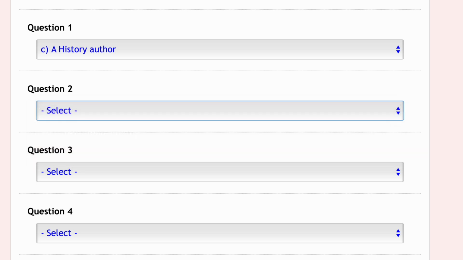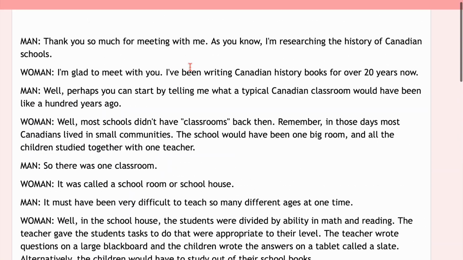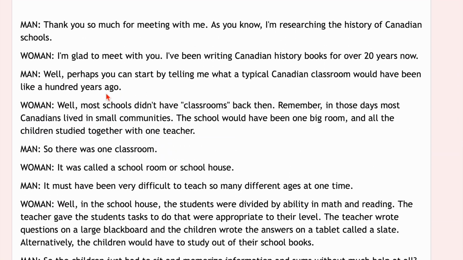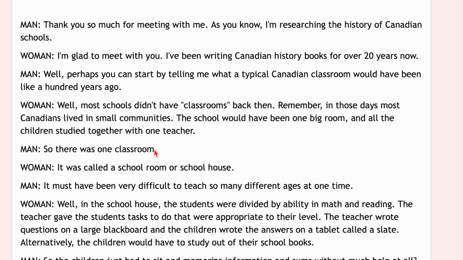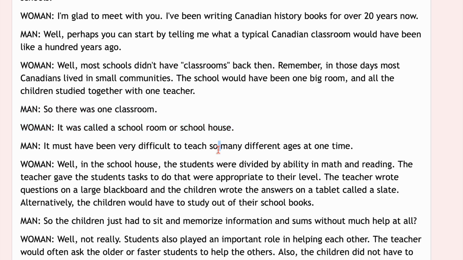Well, most schools didn't have classrooms back then. Remember, in those days, most Canadians lived in small communities. The school would have been one big room, and all the children studied together with one teacher. It was called a schoolroom or schoolhouse. It must have been very difficult to teach so many different ages at one time.